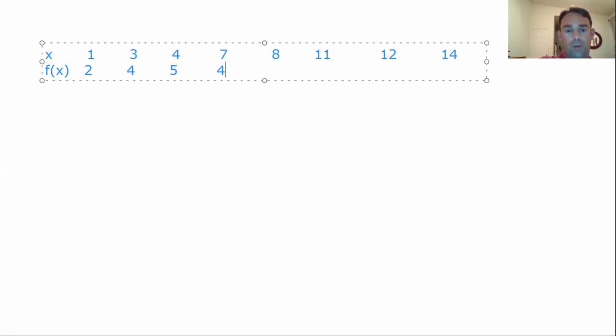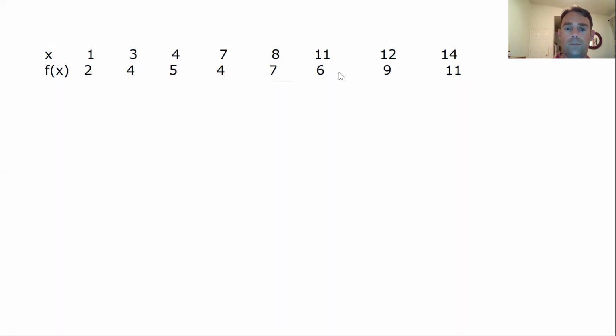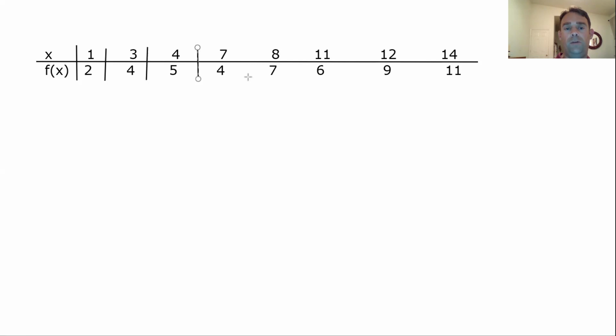We're just going to create a table of values. 7, 6, 9, and 11. I'm giving you a table of values here. And again, we don't necessarily need a graph. As long as we have a table of values, we can at least approximate what the values might look like.